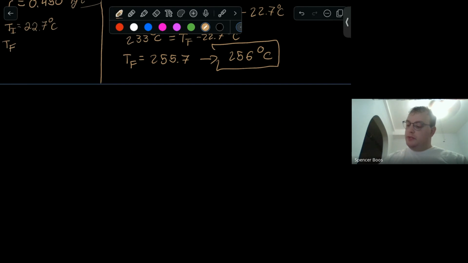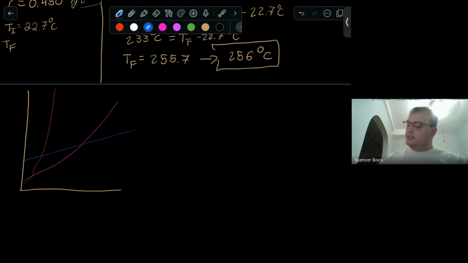So a solubility graph has a bunch of different lines, right? We've got a line here, we've got a line in a different color, something like this. We've got some that are going way up really quickly. We've also got some going way down, right?